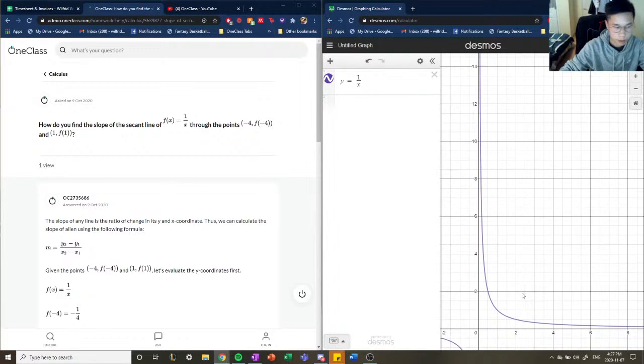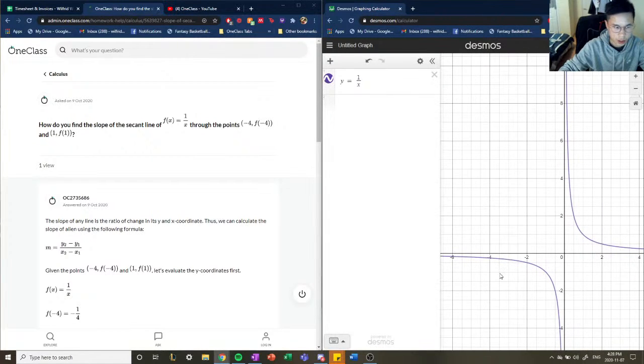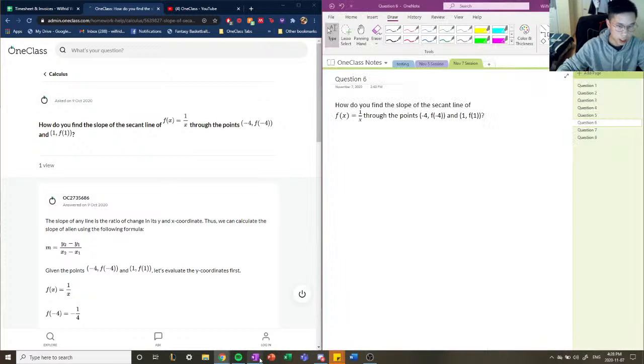What they're asking us is to find the secant line of f of -4, which is here, and f of 1, which is here. So they're asking us to find the slope of the line, and the line equation, from here to here. A secant line is basically the line equation from 2 points on a function.